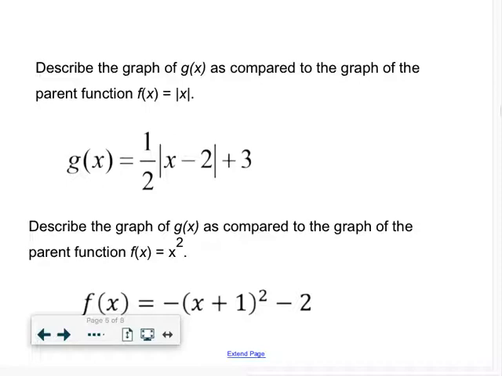Everybody just pick one number at a time. Which translation?